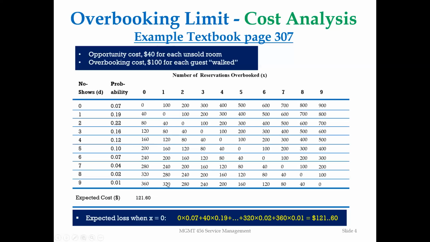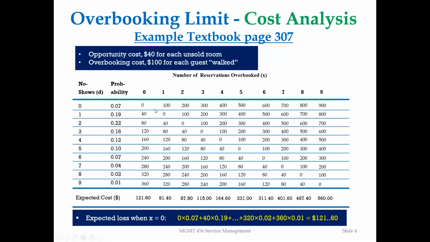So you get 91.40. You can do this for overbooking limit 2, which is 87.80, for overbooking limit 3, which is 115, and the rest of it. So now, for each possible overbooking limit, I calculated the expected cost.